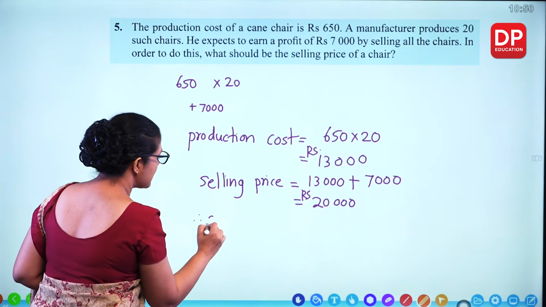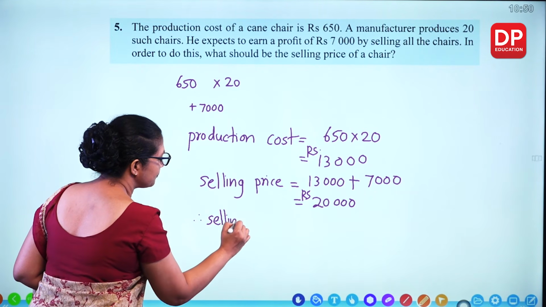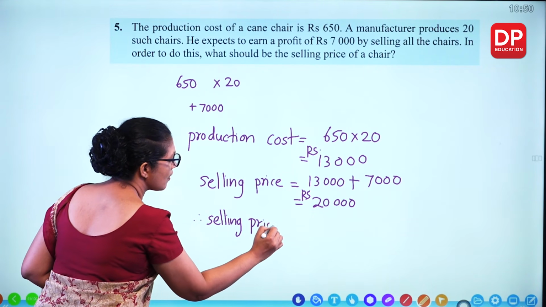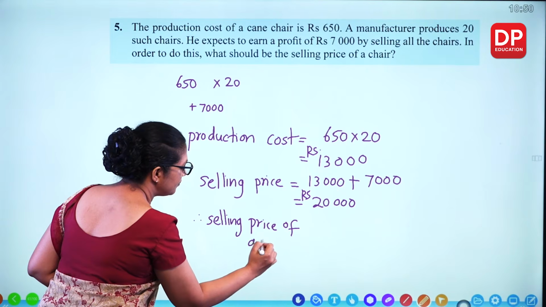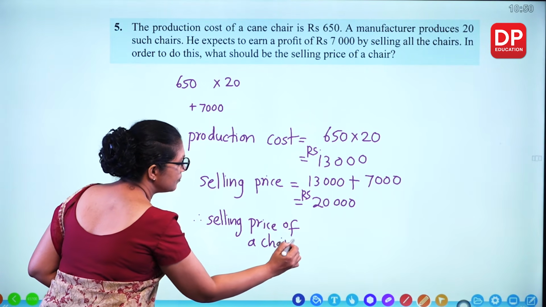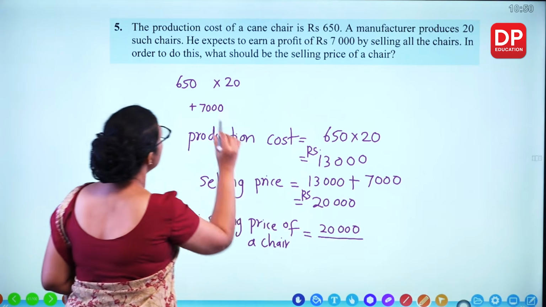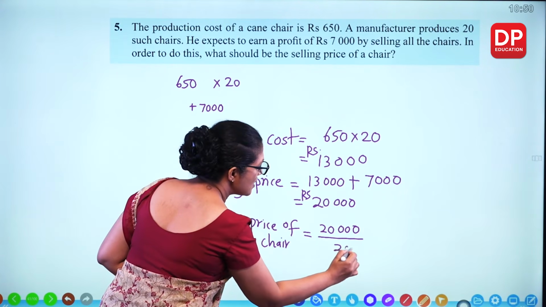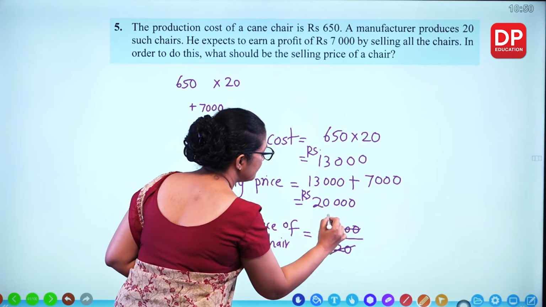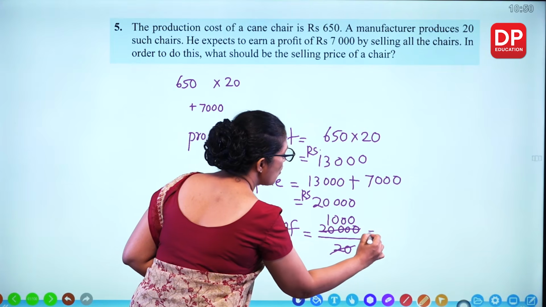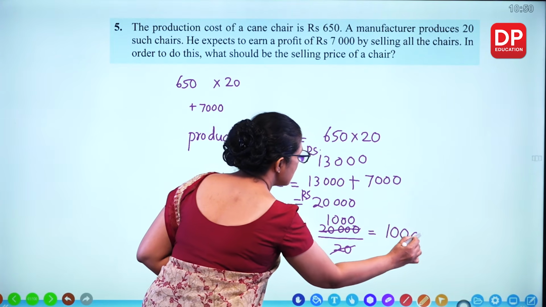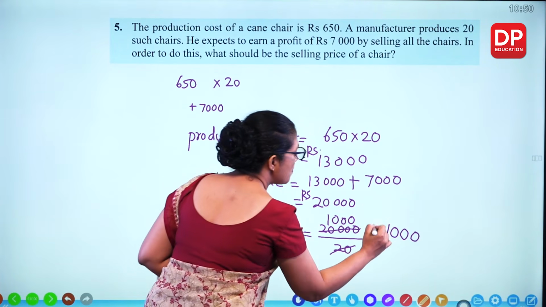So you can write selling price of a chair is equal to 20,000 divided by number of chairs, that's 20. So 1,000 rupees per chair.